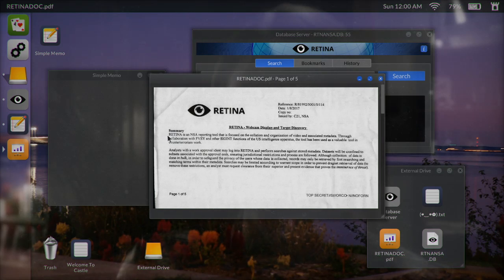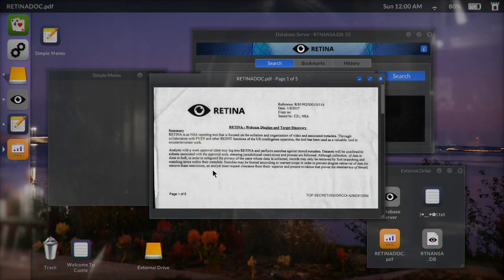Retina. Webcam display and target discovery. Summary. Retina is an NSA reporting tool that is focused on the collation and organization of video and associated metadata. Through collaboration with FVEY and other SIGINT functions of the US intelligence apparatus, the tool has been used as a valuable tool in counter-terrorist work. Analysts with a work approval ident may log into Retina and perform searches against stored metadata.